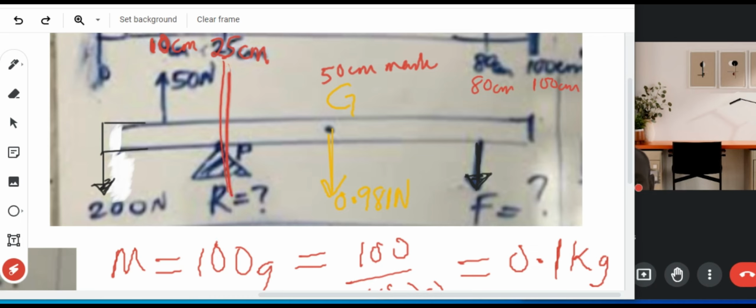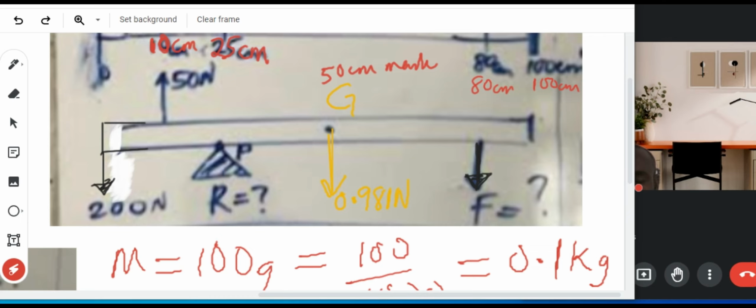If we get a positive answer, it means the direction we assumed is correct. But if we get a negative answer, it means it is actually acting in the opposite direction. So there's no need to bother ourselves. We can just assume that it is acting upwards.